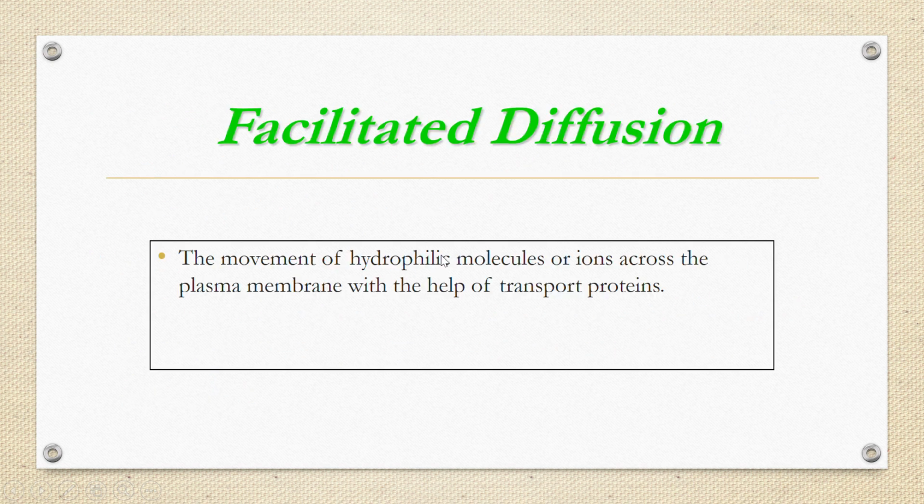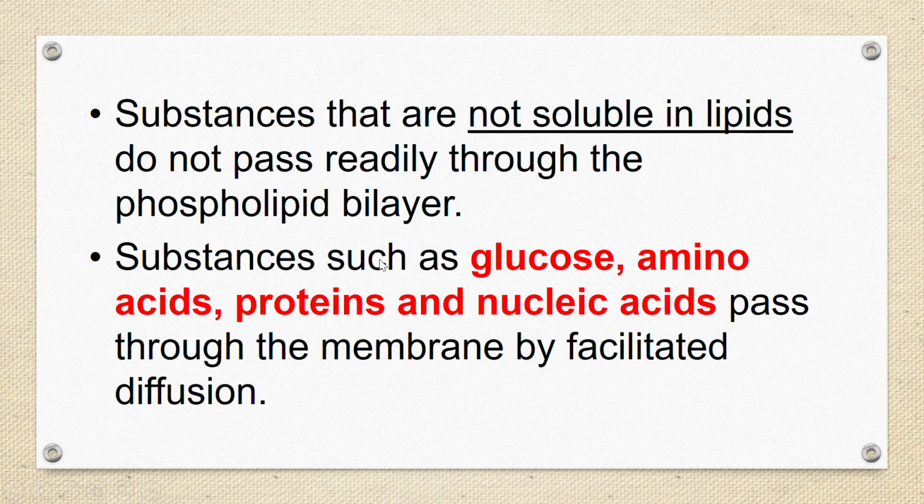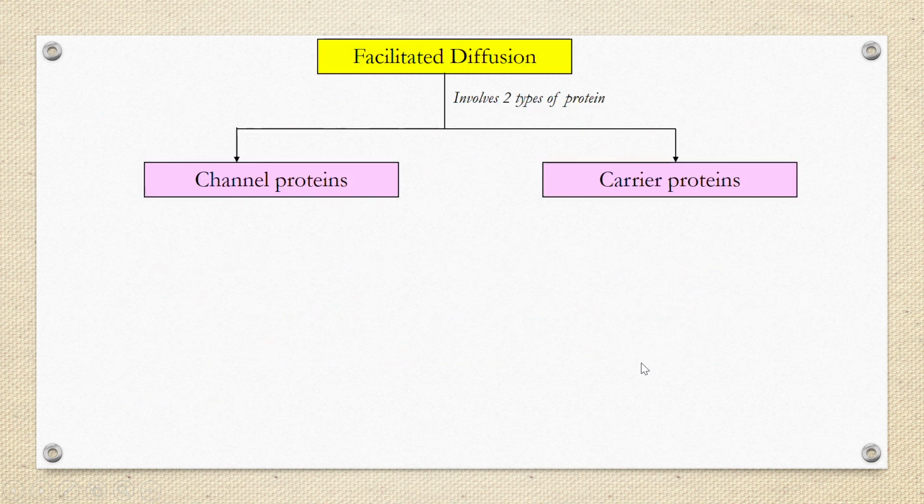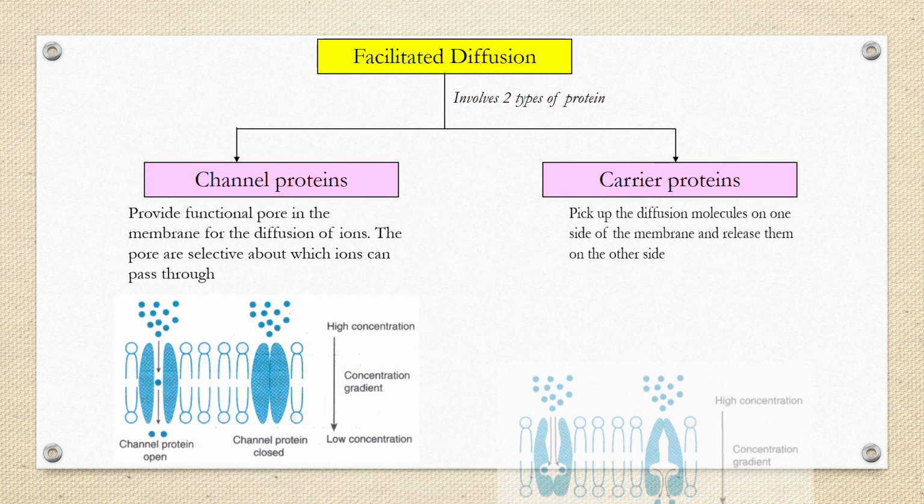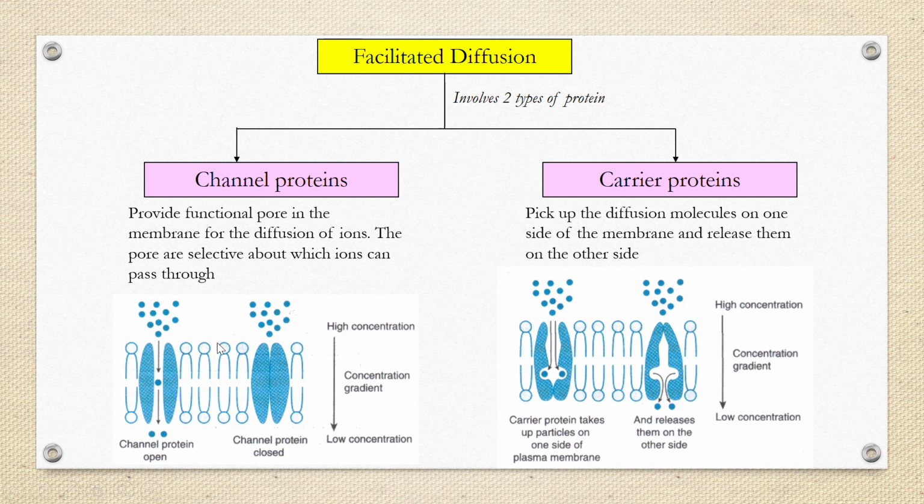So that's why we call these hydrophilic molecules. Hydrophilic means they love water and don't dissolve in lipids. So how? What happens to all these substances? They have to diffuse across the plasma membrane. So how? They must be facilitated, meaning they must be helped. Helped by whom? I'm sure you remember the structure of the phospholipid bilayer.